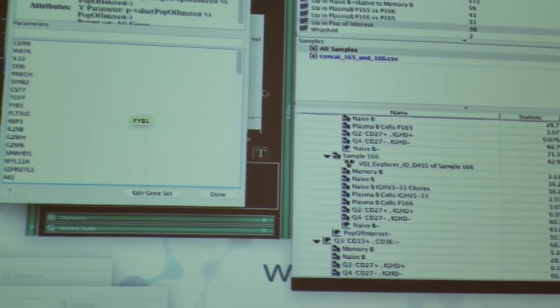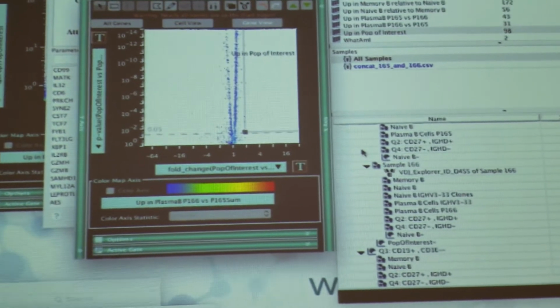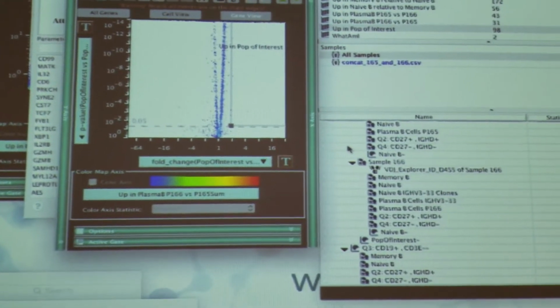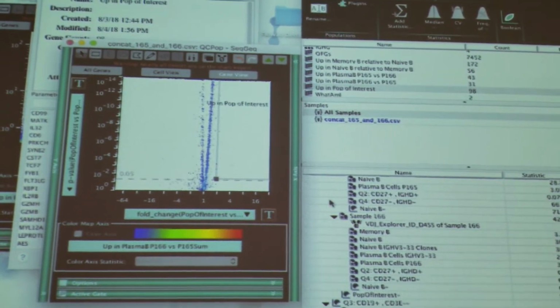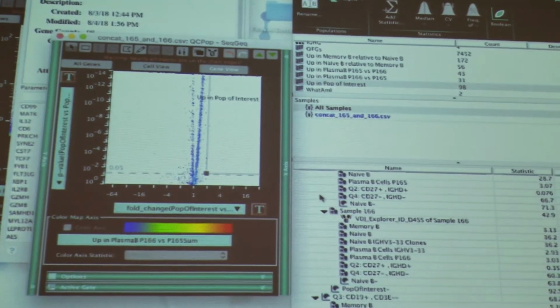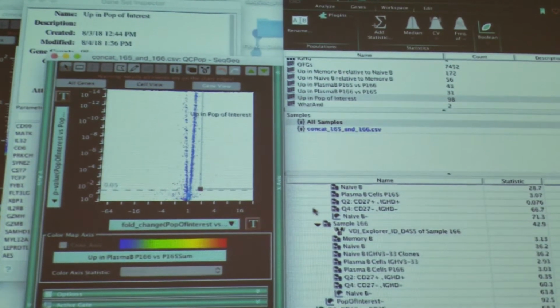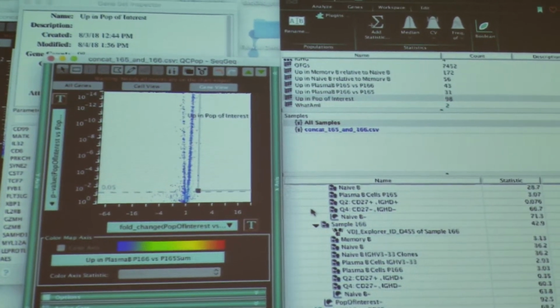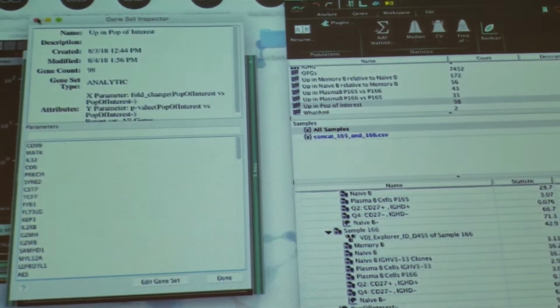It could also be, I mean, this population contains some of those plasma B cells from population 165. Yeah. Maybe there's some big distinction between the B cells in this island and the rest of the data. That's true. There's no reason to think that those are necessarily the same phenotypes, for example. Right.